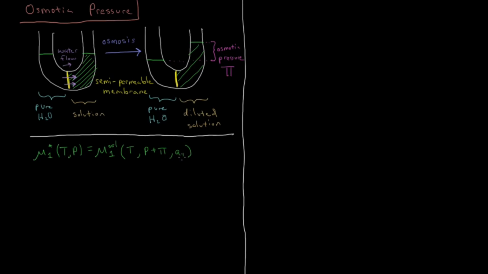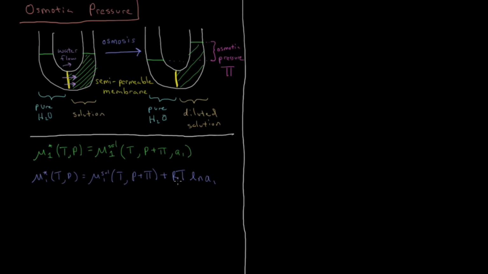Okay, so we can deal with the chemical potential caused by the activity of water being less than 1, the mole fraction being less than 1. We have mu1 star of T and P equals mu1 of the solution at T and P plus pi, plus RT log activity of the water in solution.